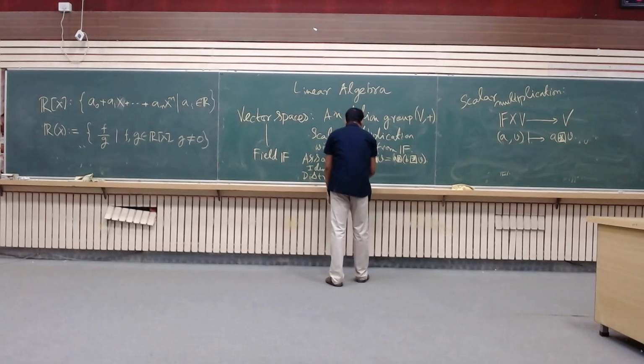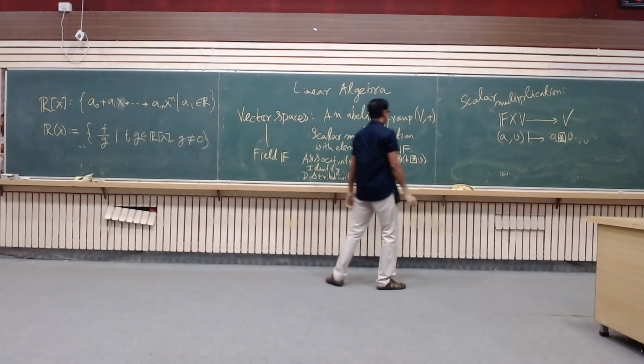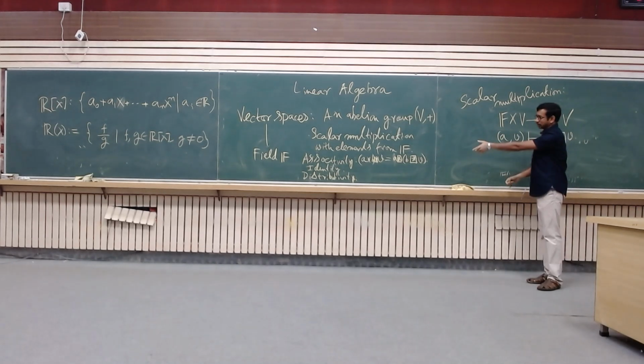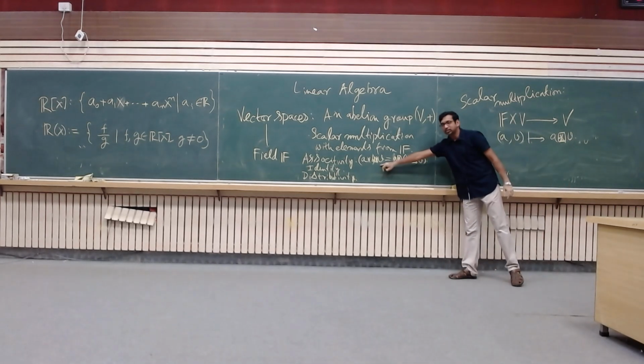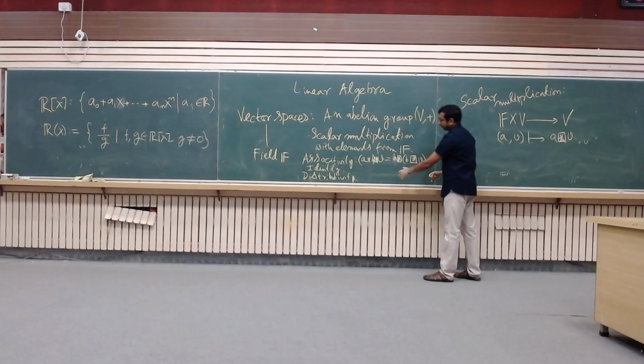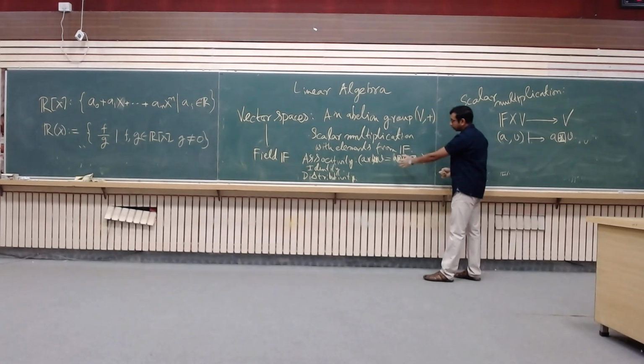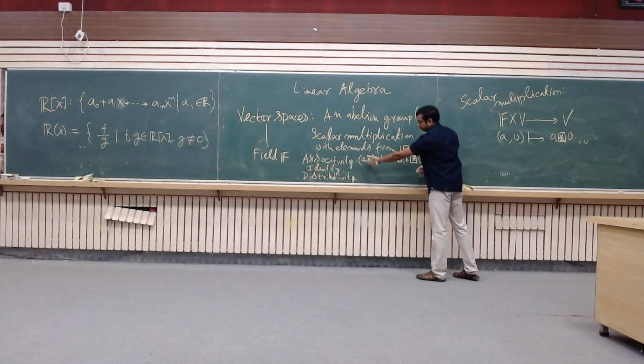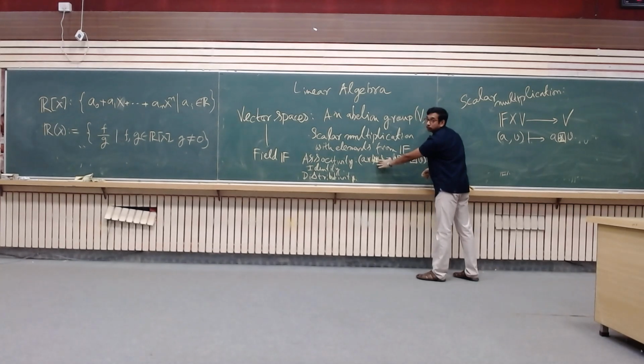And then identity would signify this. Associativity you understand: it doesn't matter whether you multiply in the field or in the vector space. You can do this operation first in the vector space and then multiply by the element of the field, and you get (A star B) star V, the same thing.